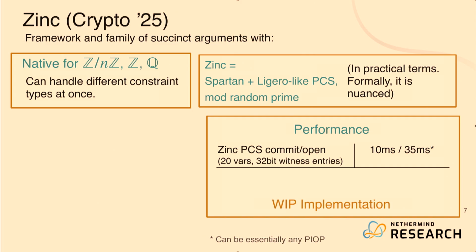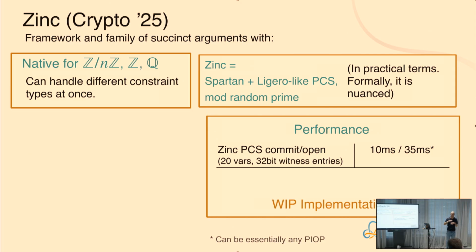But on the other hand, Zinc can handle constraints in these rings, which means that Zinc is likely to work with much smaller circuits than the counterparts. So for the same witness size, performance is very similar, but Zinc will likely work with much smaller witnesses in some applications.